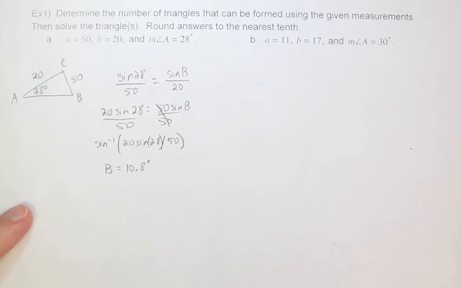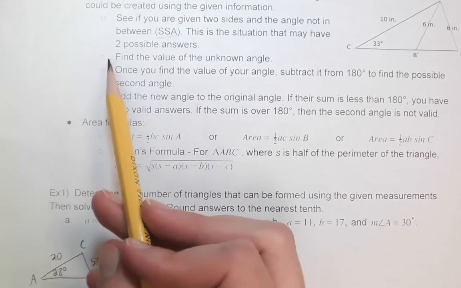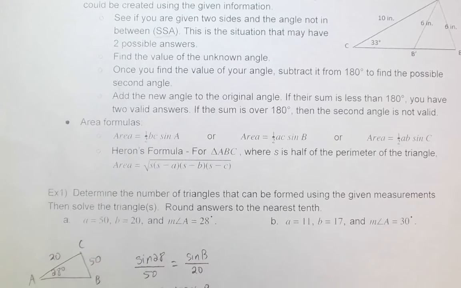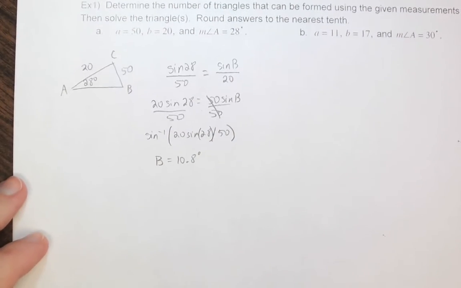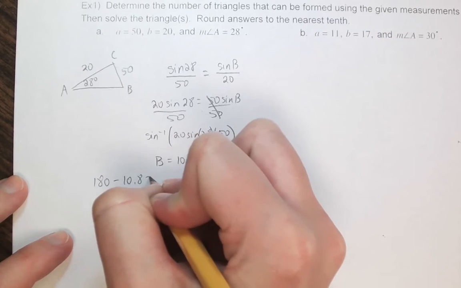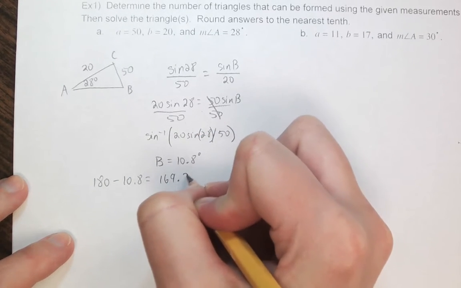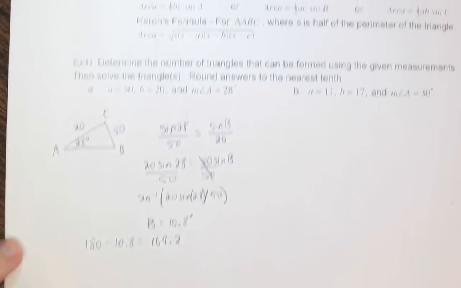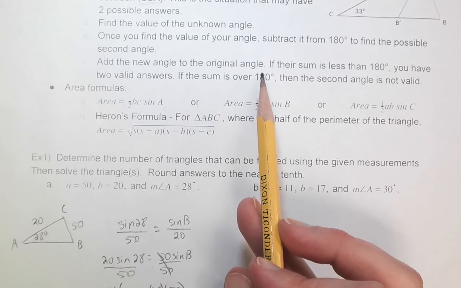Okay, so now let's look back up at my steps. Finding the unknown value, we did that. Then it says once you find the value of your angle, subtract it from 180 to find the possible second angle. So the possible second angle would be 180 minus 10.8, which gives me 169.2. The next step says add that new angle to the original angle that was given.